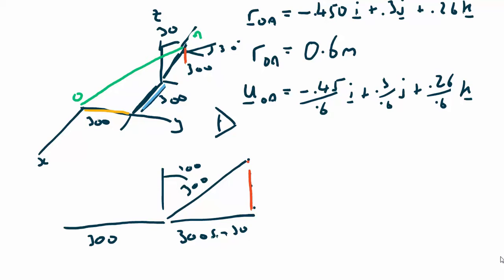I also need my force, which I haven't actually labelled on here. It should be going that way, force, which is 300 newtons, but I haven't got space to write that on the diagram. But I need that in terms of i, j and k.